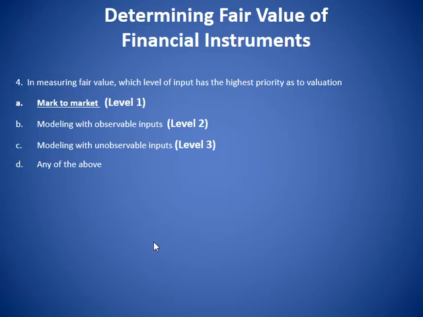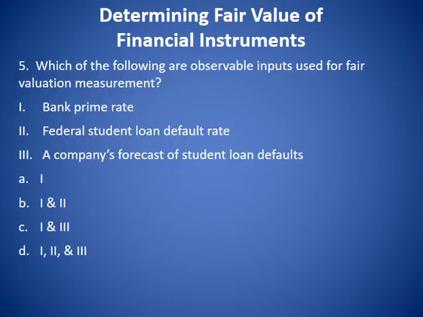Number 4, in measuring fair value, which level input has the highest priority as to valuation? The answer would be A, mark to market. That's a level 1 input. B would be modeling with observable inputs, which would be level 2, and then modeling with unobservable inputs would be level 3.